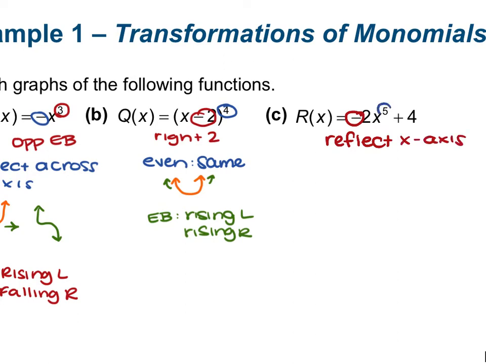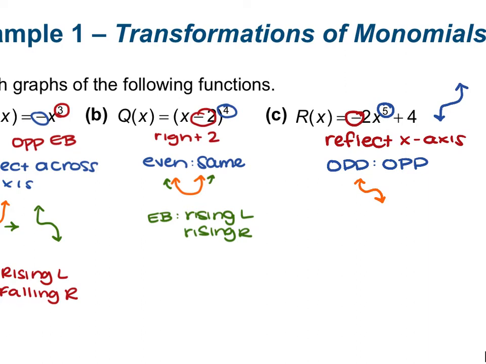We have an x to the 5th power, so that power is odd, so our end behaviors are going to be opposites. Think about the way that a graph of x to the 5th power looks. We have opposites, but we are reflecting. So we're looking at a graph that goes up to the left and down to the right.